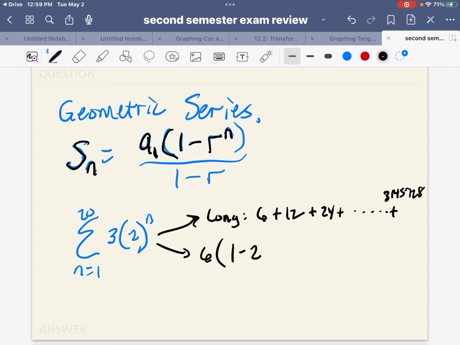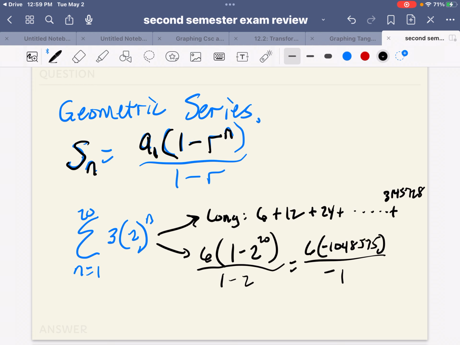Well, my shortcut formula says take A1, which I see is 6, times 1 minus R, which is 2 to the 20th power, divided by 1 minus 2, 1 minus R. So that's 6 times something over -1. Well, let's see. 1 minus 2 to the 20th power is negative 1,048,575.